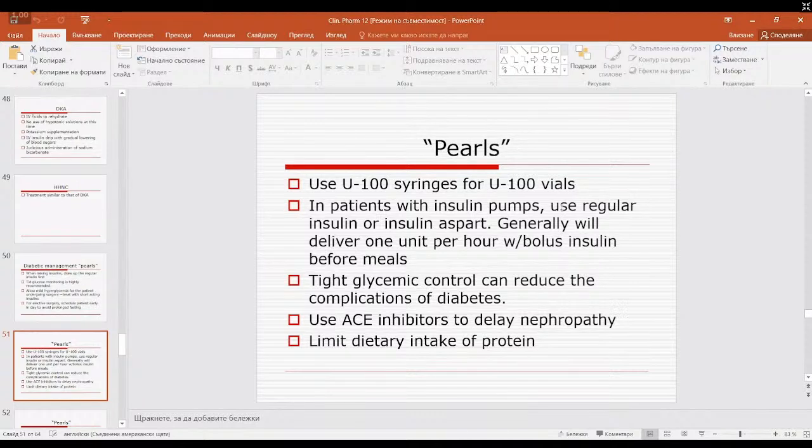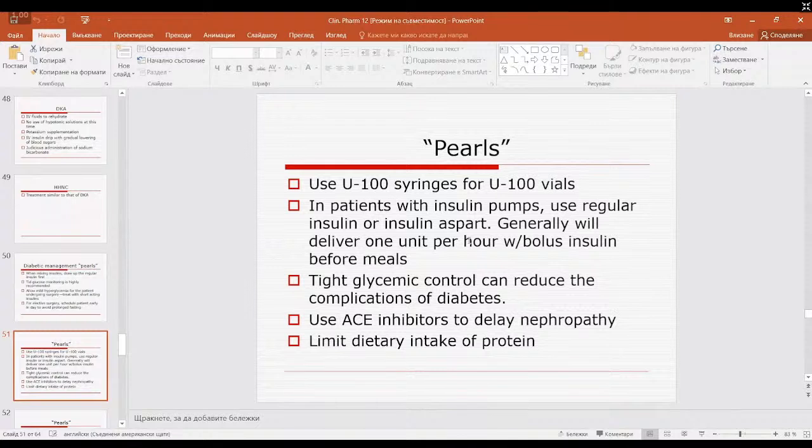In patients with insulin pumps, we use regular insulin or human insulin, which is the short-acting insulin, or insulin aspart, which is rapid-acting insulin. And usually these pumps will deliver 1 unit per hour with bolus insulin before meals.